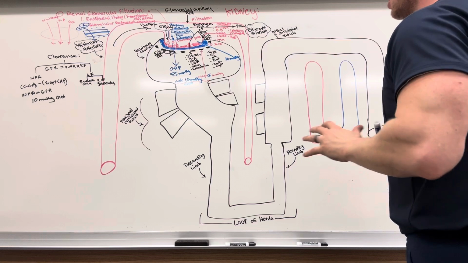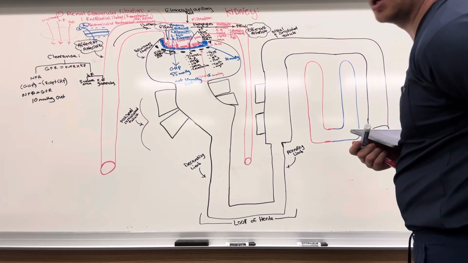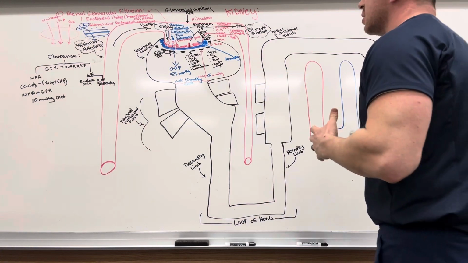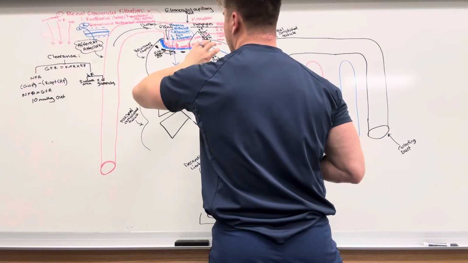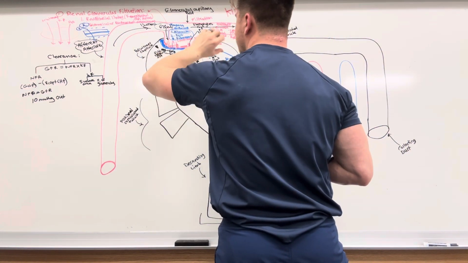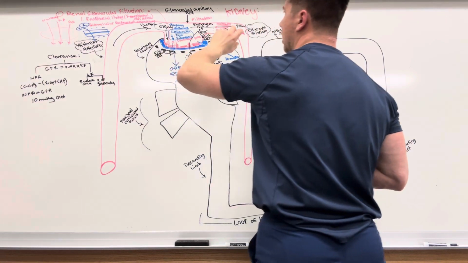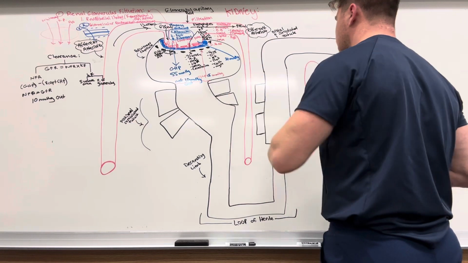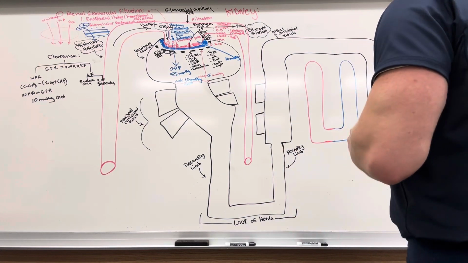This is filtration, occurring at the glomerulus, the capillary bed, involving the glomerular basement membrane and the endothelial lining with fenestrated capillaries, which allow this filtration process to occur.